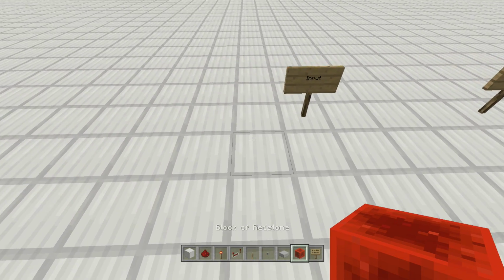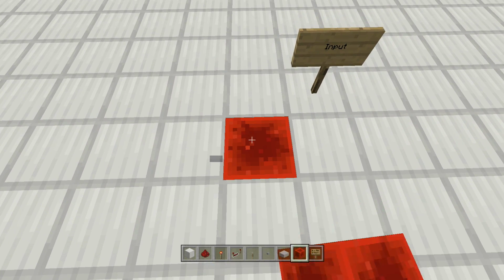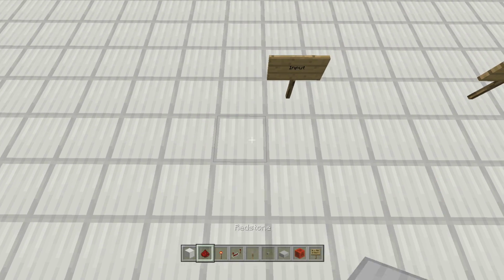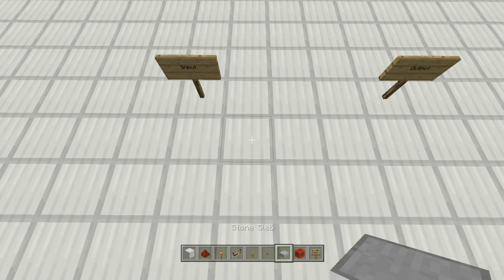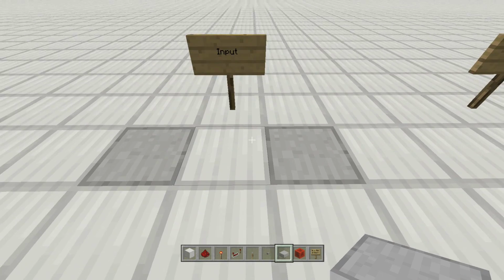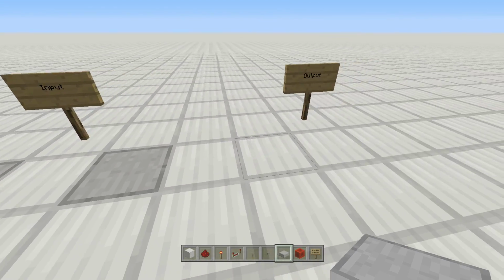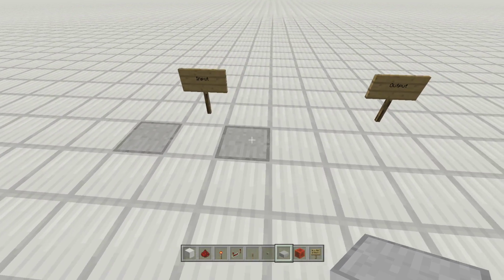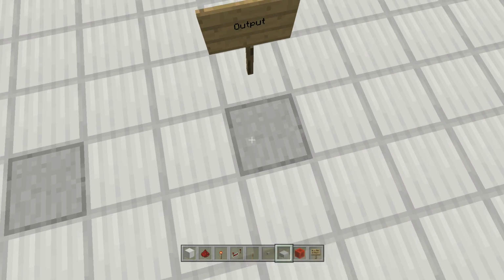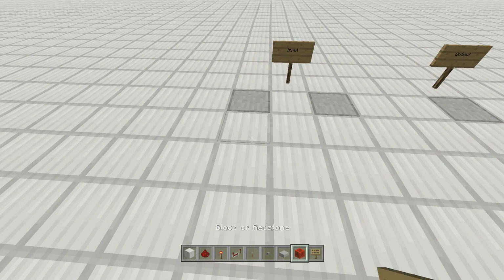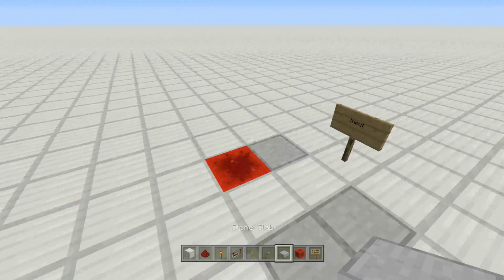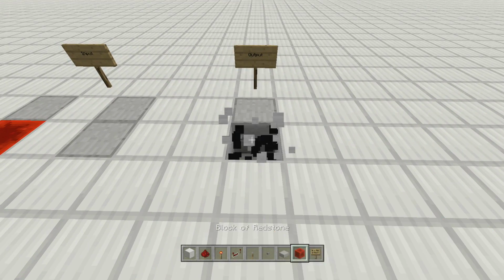So let's say my first two inputs are off. Then this is for the OR gate. As you guys saw, if both of my inputs are off, then my output is off. If one of my inputs is on, doesn't matter which, let's say the first one, the one on the left, then my output is on.